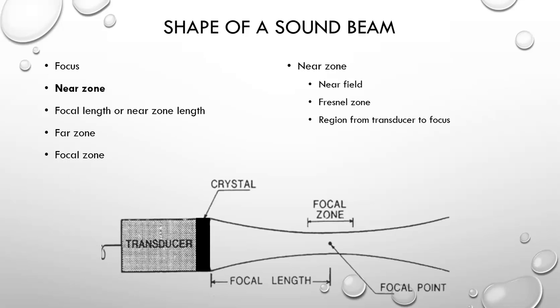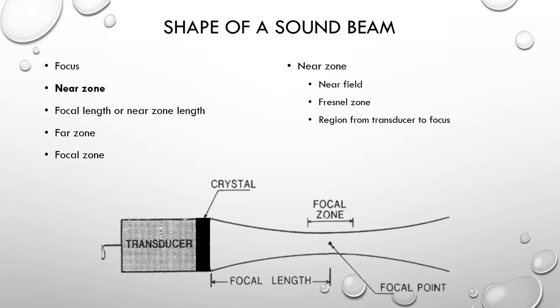The near zone is the area between the crystal and the focus. We call that the near zone because in the near zone, the beam undergoes what are known as Fresnel effects, or near field effects, and focuses down to our focal point.